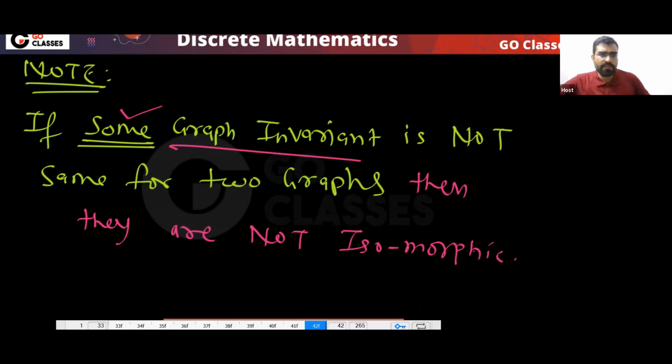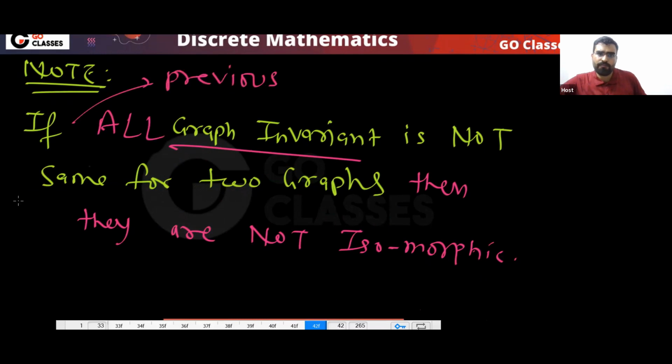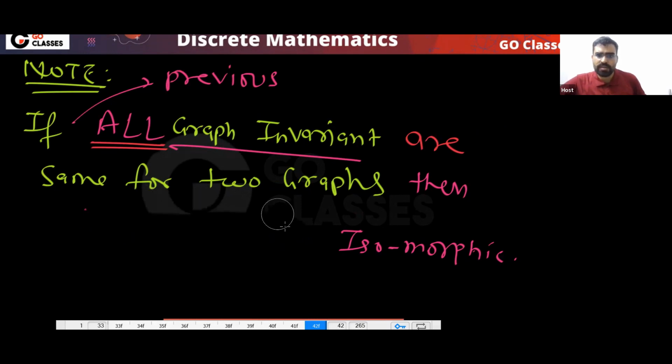But remember, if all the previous graph invariants are the same for two graphs, it does not mean they are isomorphic.